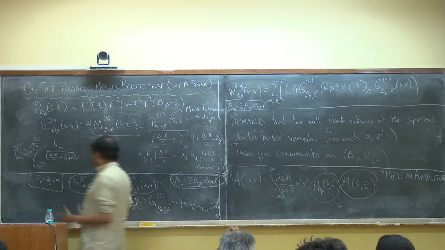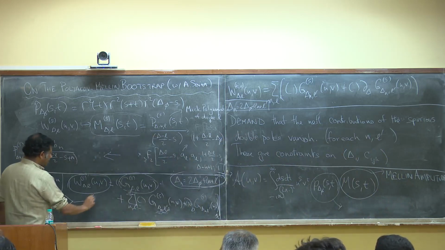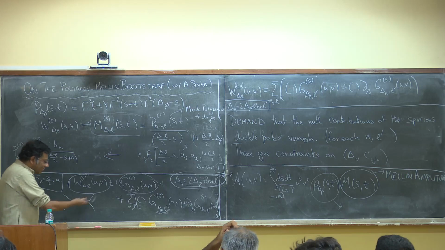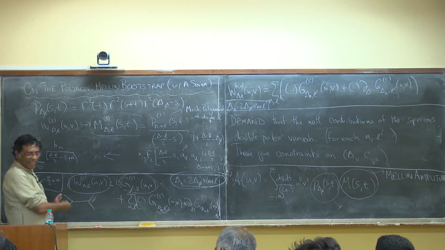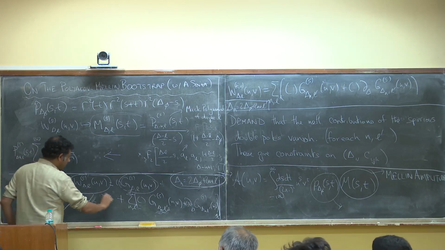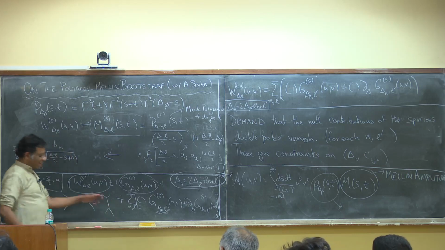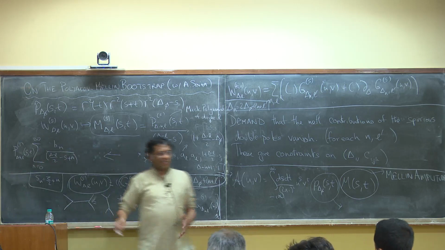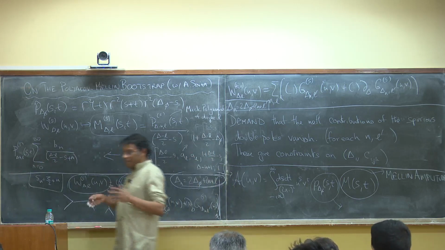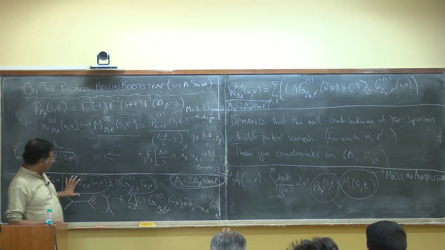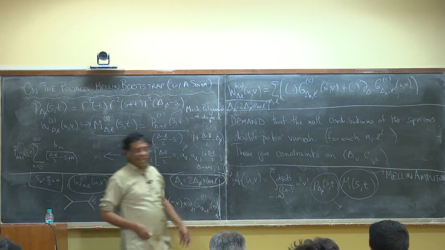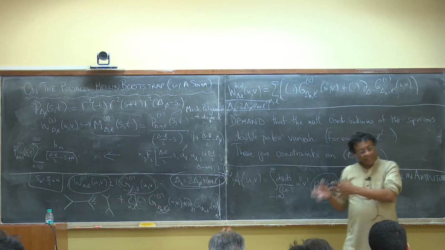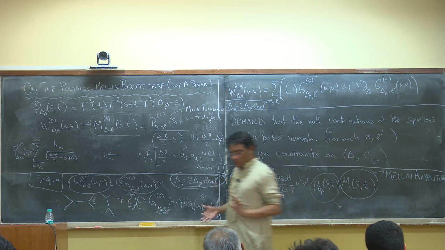After all, when we write the crossing equation, this is equal to this, it's not a tree diagram of anything in some sense. It's just a representation. And here, it is true that these objects have an interpretation as a tree diagram in AdS. Maybe there is a meaning to that. Maybe not. I don't know.